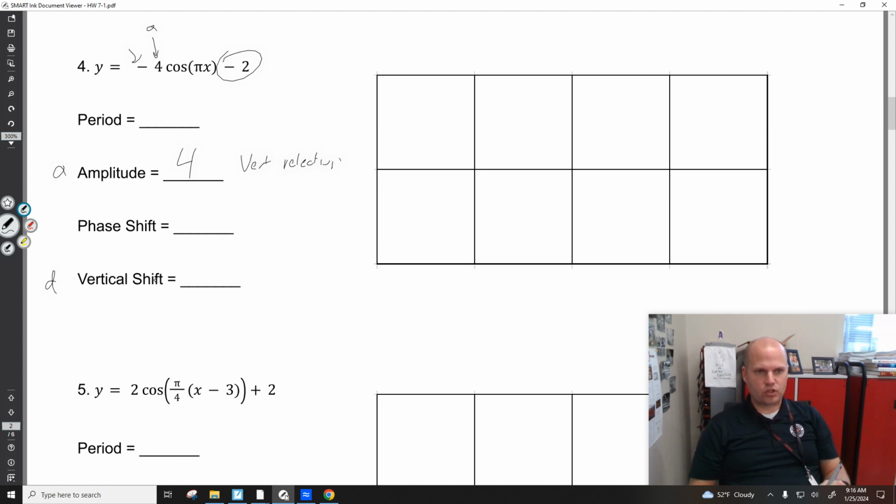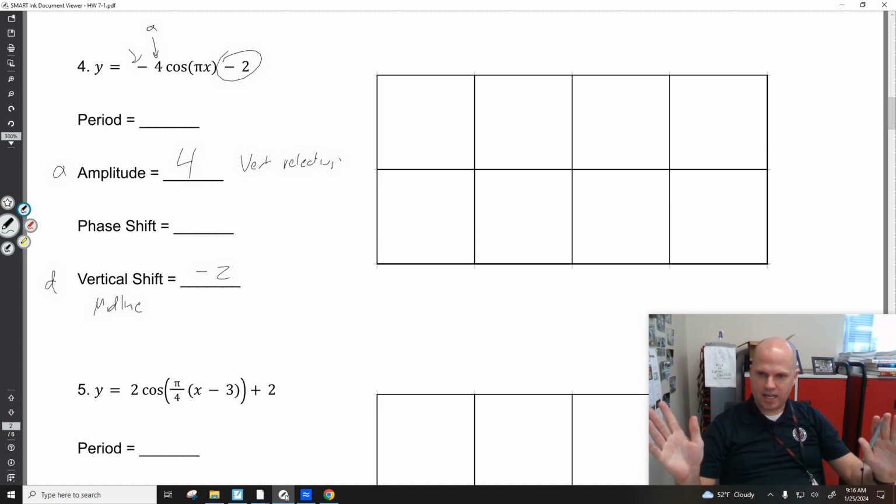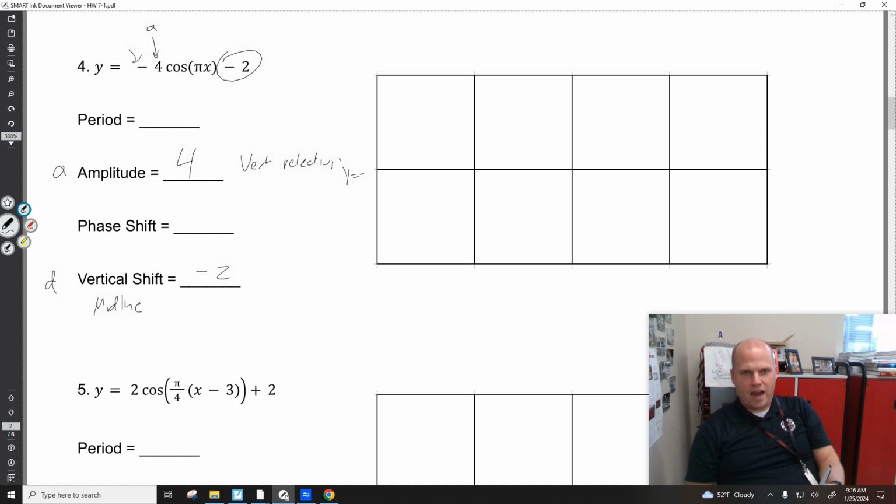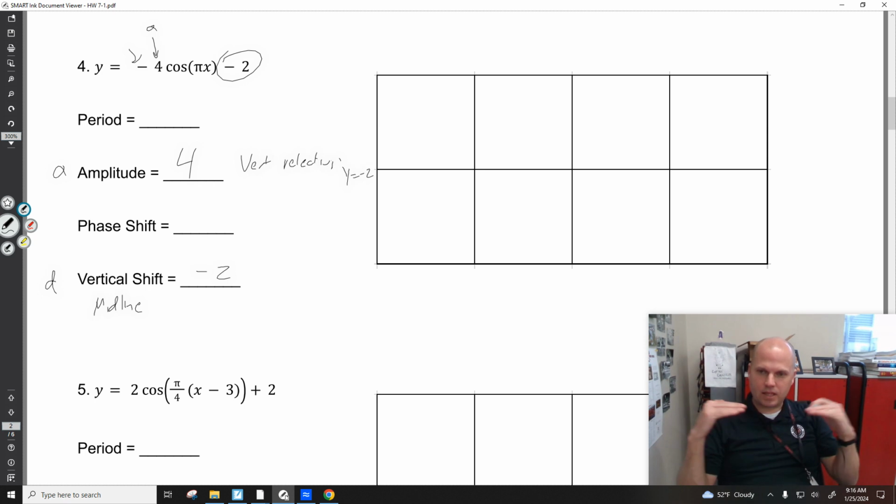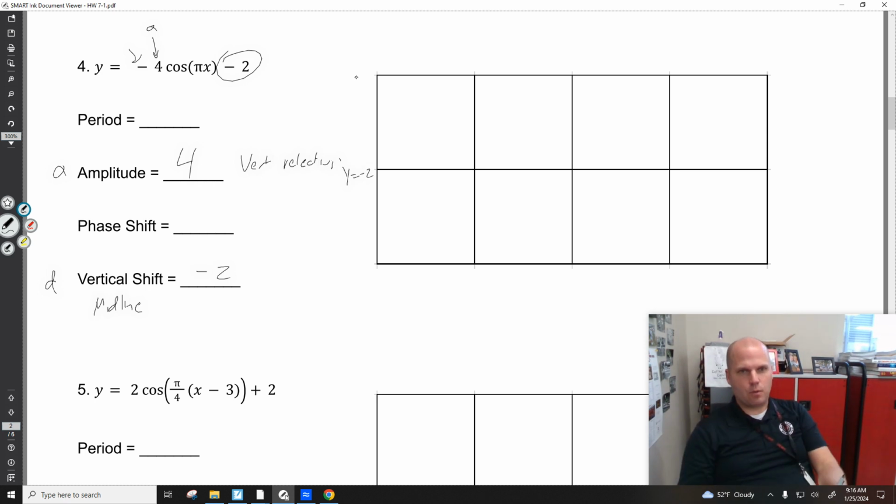So our vertical shift, which will affect our midline, now goes down to -2. I've taken care of the y's. Let's do some work. My graph will have a midline at y equals -2. I will go up 4 and down 4.